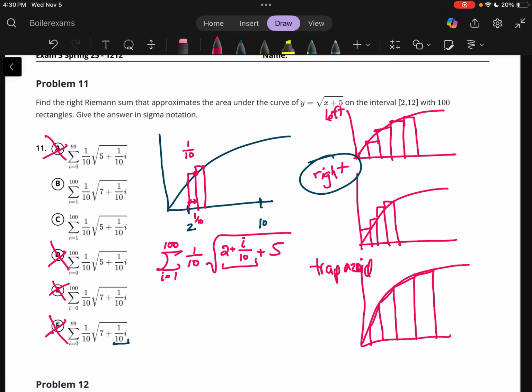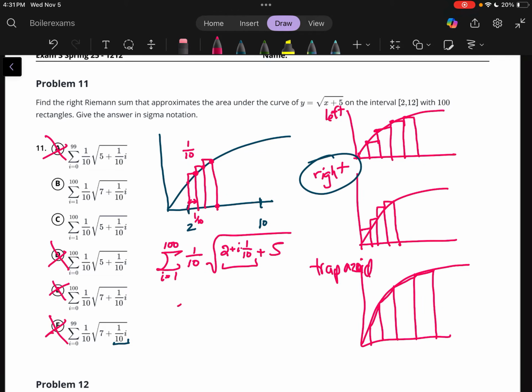Actually, I should word that differently. It would be I times 1 over 10. The reason it's I times 1 over 10 is because after I've done 3 rectangles, I need to add 3/10 to get the height of the third rectangle.